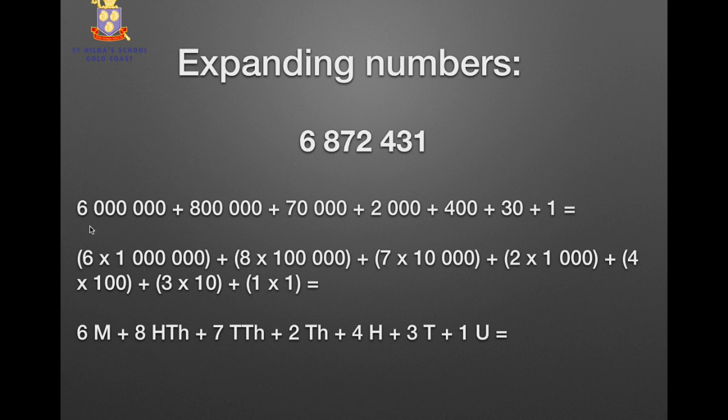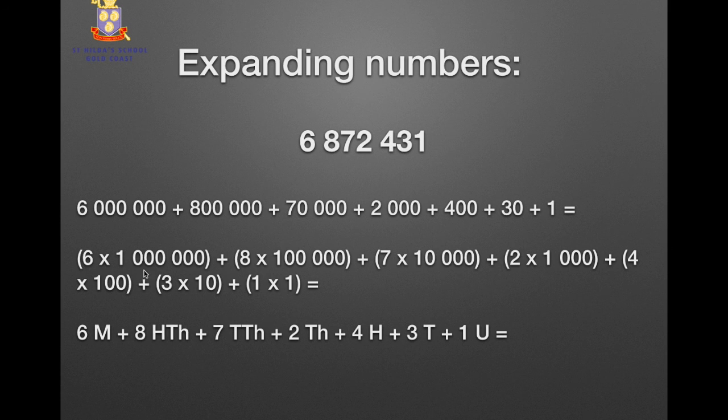Okay, let's look at how we might expand this number in 3 different ways. Begin with the 6, which is 6 million, plus 800,000, plus 70,000, plus 2,000, plus 400, plus 30, plus 1. Going down now to using the brackets.